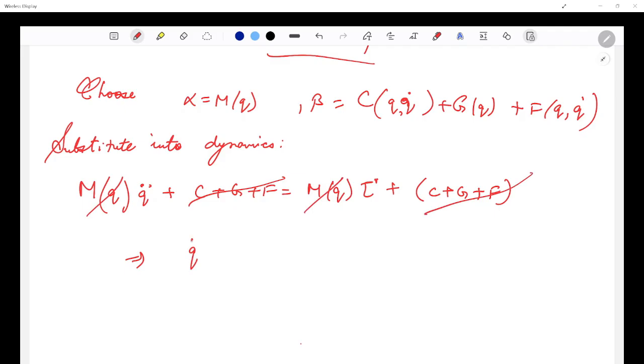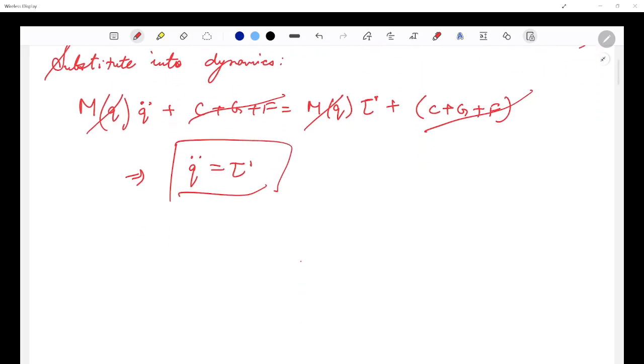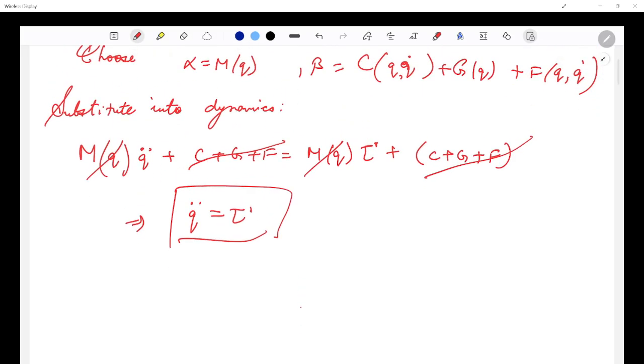You get q double dot equal to tau dash. So you have converted the non-linear system into a unit mass system, just a double integrator. This is called, or from here we start, computed torque control.